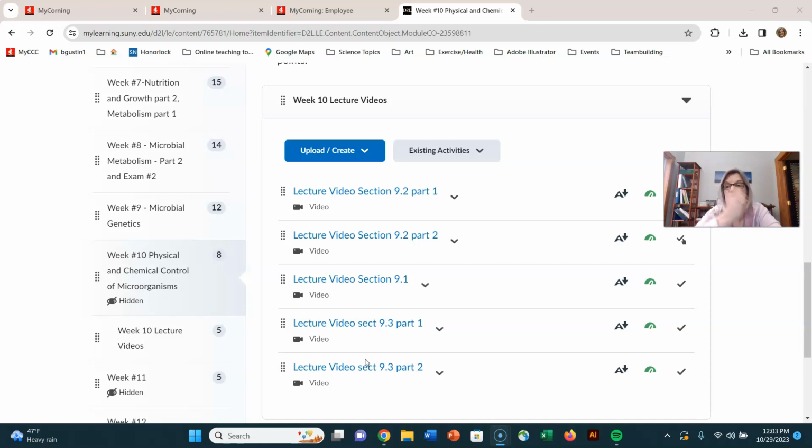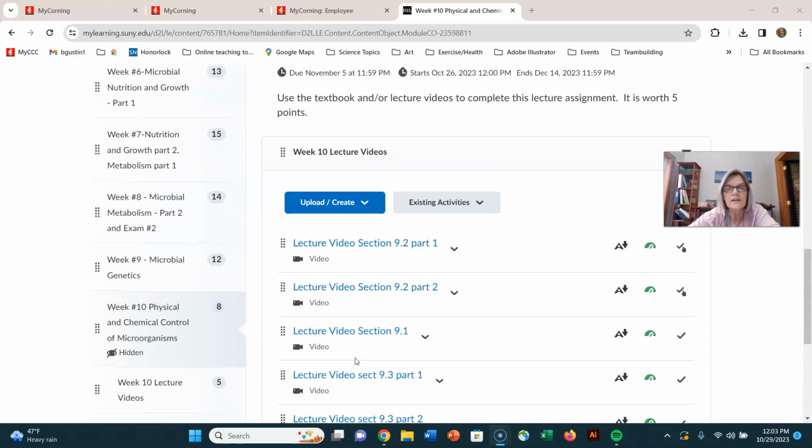So the videos from section 9.3, part 1 and part 2, I made with help from cutting and pasting some things from your book onto a PowerPoint just to make it smoother. I highly recommend using those because the book just gives you a table for this, and I think they could give you a little bit more information to help you remember the material a little bit better, which is what I think I did. So there you go. That's your lecture assignment this week.